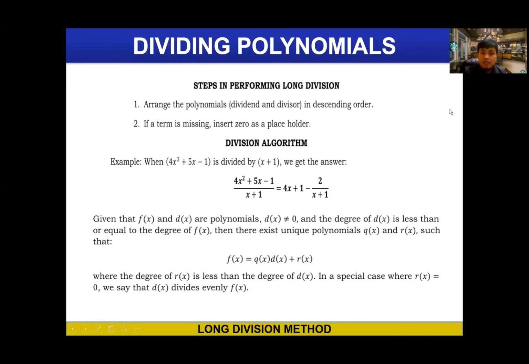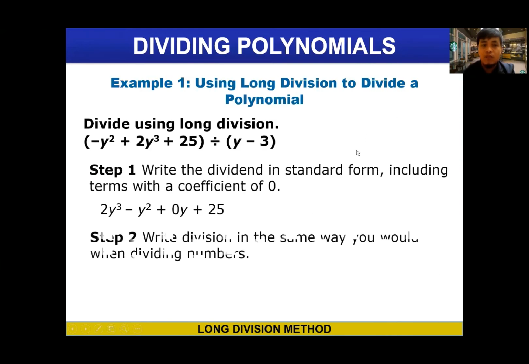So let's begin by showing you an example in this video on how to perform long division. Look at this. Divide using long division, negative y squared plus y cubed plus 25 divided by y minus 3.